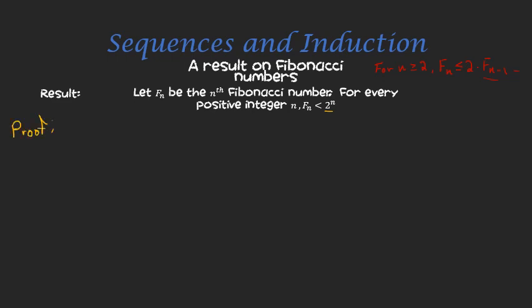Proof. So let's establish a base for n equals 1. f_1 is 1, which is less than 2 to the 1, or just 2. So now we have a base.